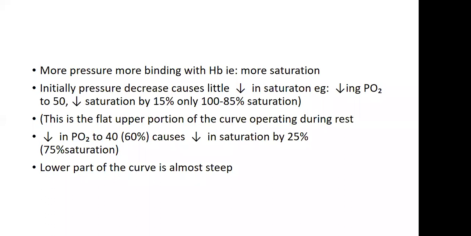It means when the partial pressure of oxygen drops to 40 as at the venous side, the blood which is returning back to the lungs for oxygenation, उसमें 40 होता है, लेकिन saturation 40 लेवल पे नहीं है, saturation सिर्फ 25% डिक्रीज हुआ है, गोया कि 75% still saturated.